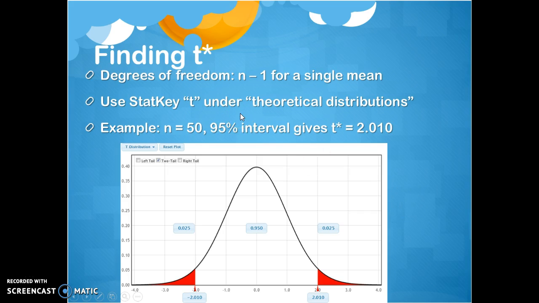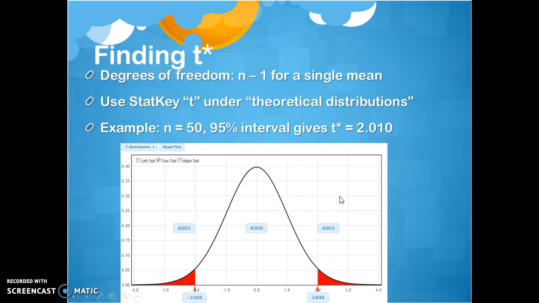The t-distribution changes depending on the sample size. Because we're not working with the population and we don't know the population standard deviation, we have to estimate things. We are working with uncertainty. So a different sample size gives us a different shape to our t-distribution.